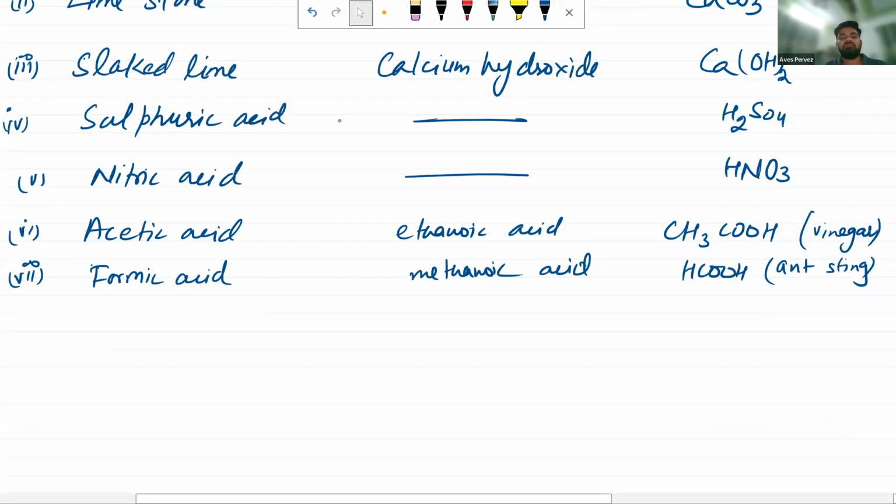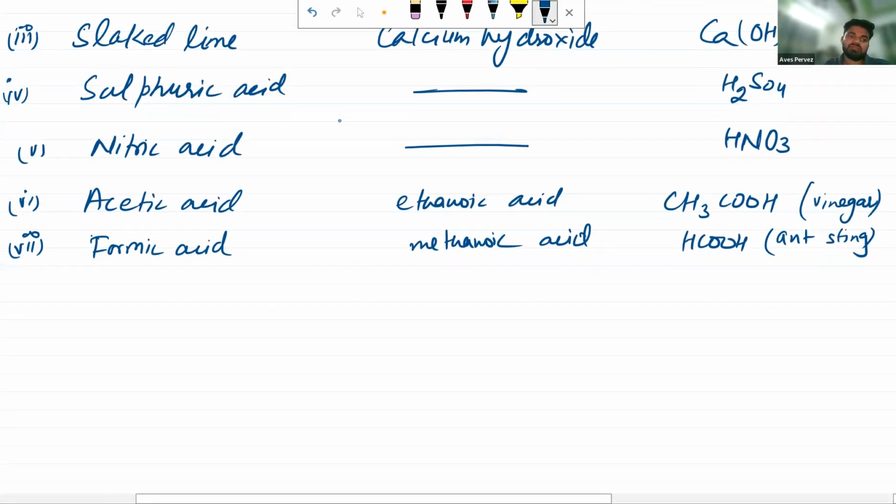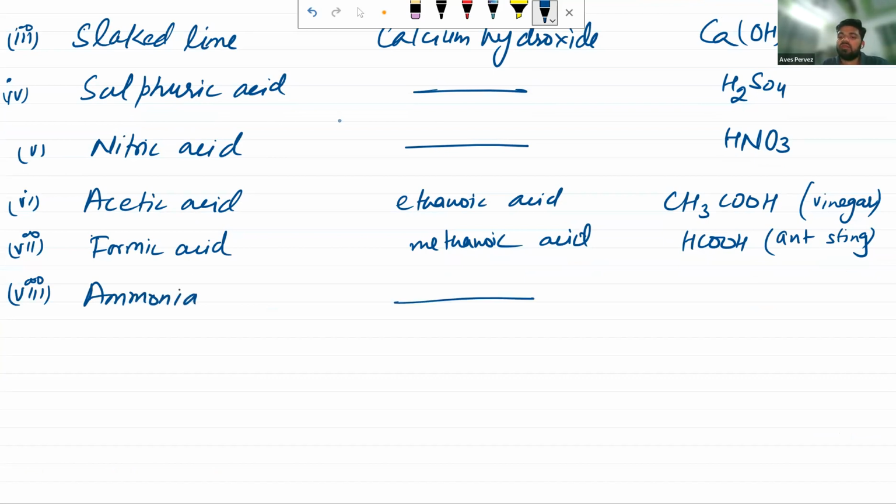After this one, next we have ammonia. No common name. Formula is NH3. If we have hydrogen gas, then we have H2.